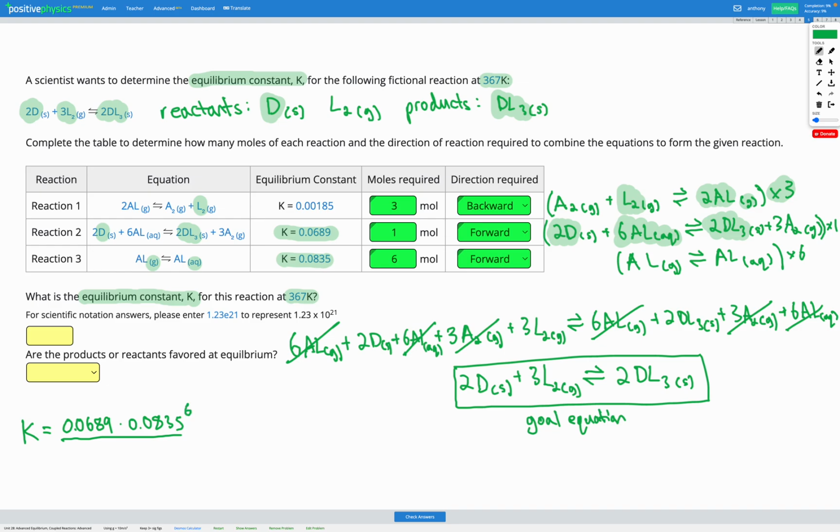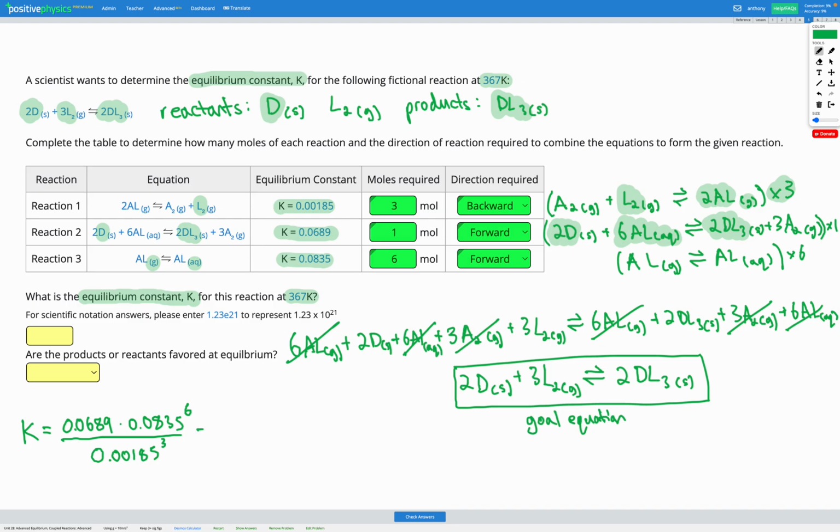On the bottom of our fraction, we're going to have the equilibrium constant for any steps that are backwards. So that's going to be reaction 1. Our equilibrium constant is going to be on the bottom, so that's 0.00185. And this is where we got that from. And this one is 3 moles, so it's going to be to the power of 3 there.